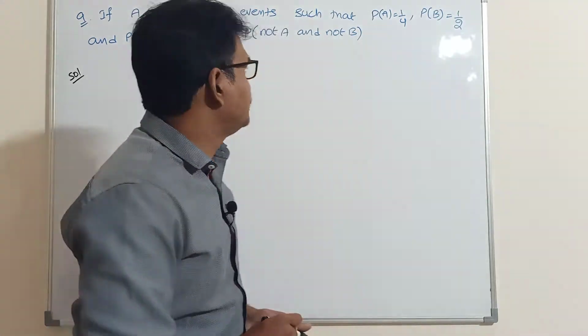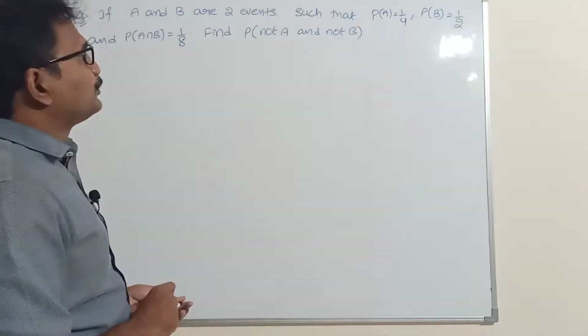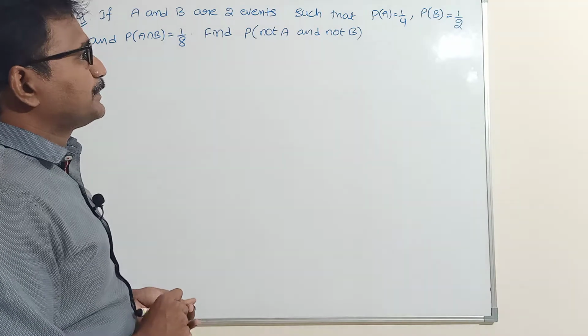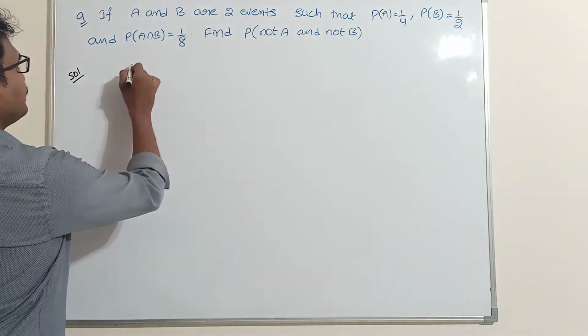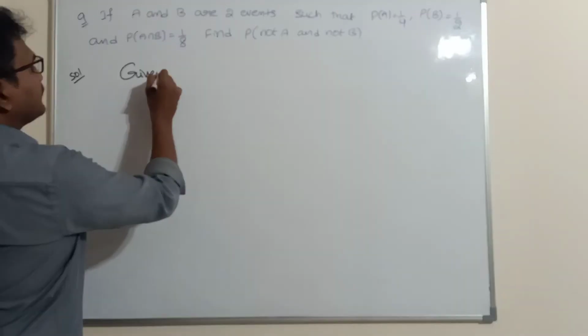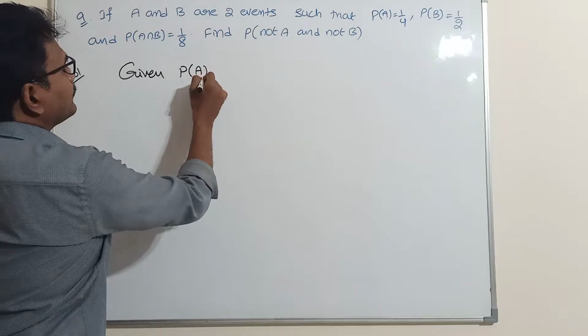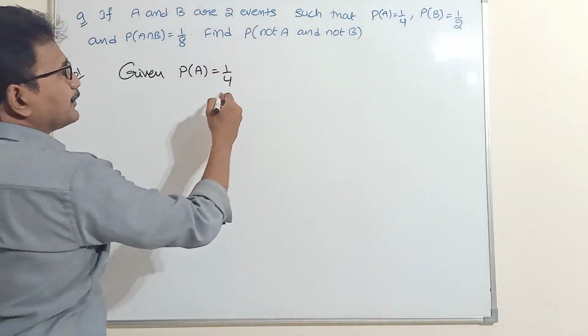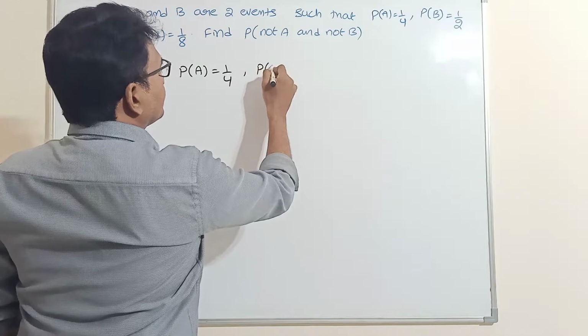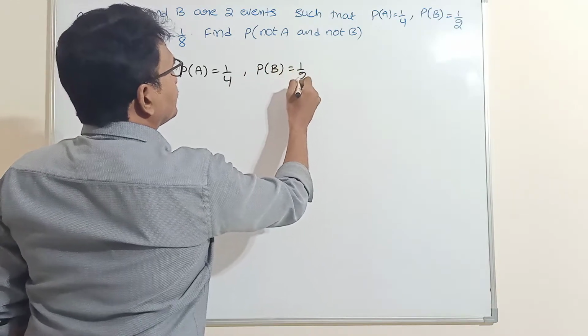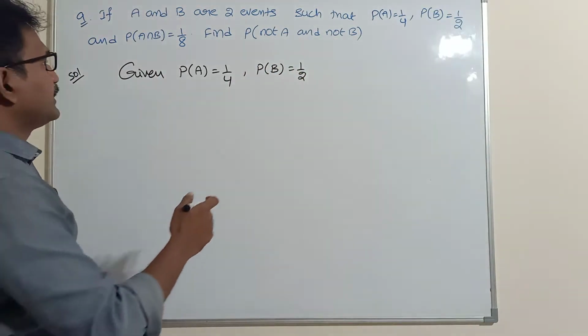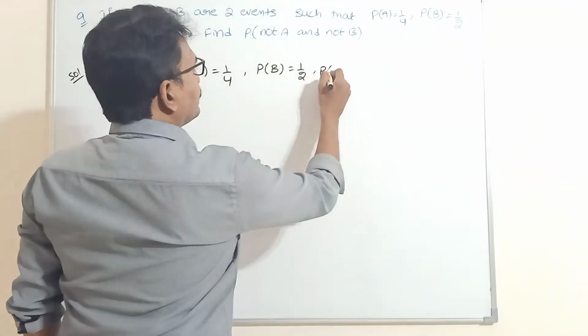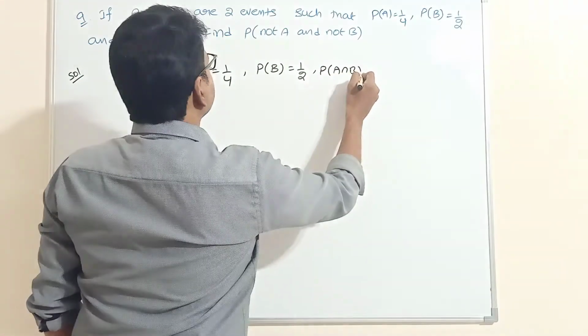Next, ninth problem. If A and B are two events such that P of A is equal to 1 by 4, given P of A is equal to 1 by 4 and P of B is equal to 1 by 2, and P of A intersection B is 1 by 8.